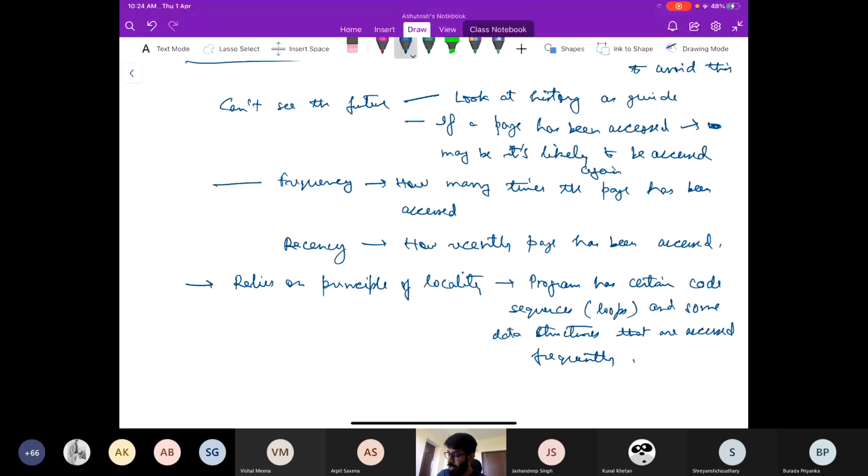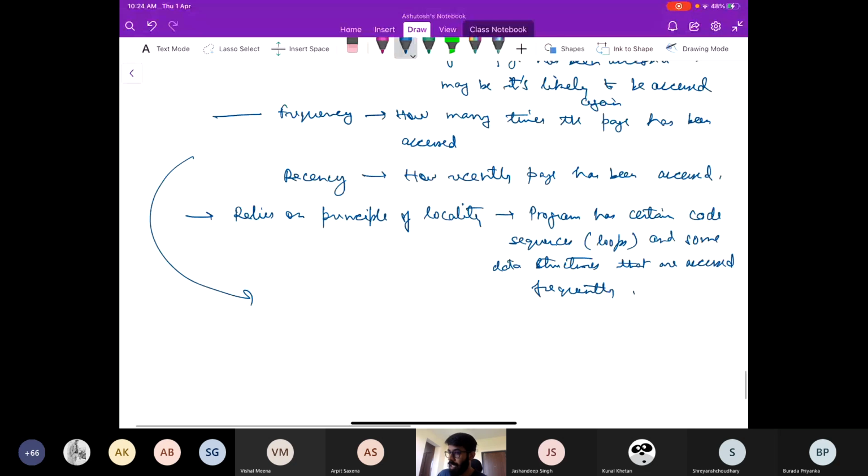Okay. So as I said, the two strategies which come out of this are least frequently used, LFU. As the name suggests, replace the page that is used least frequently.